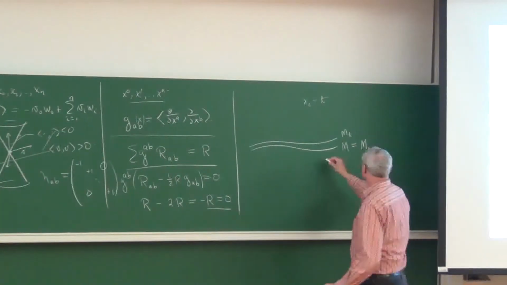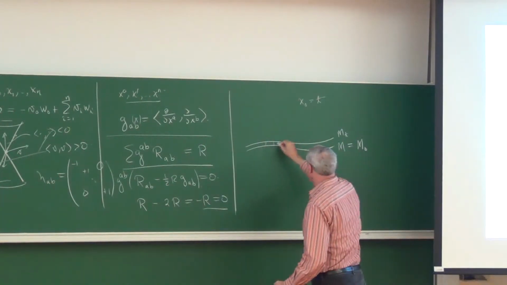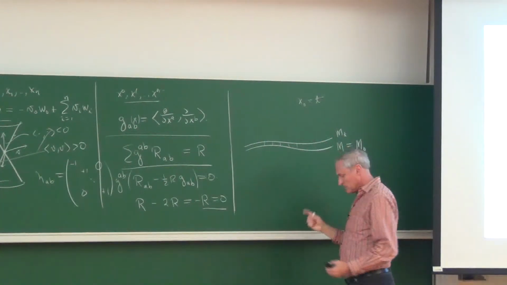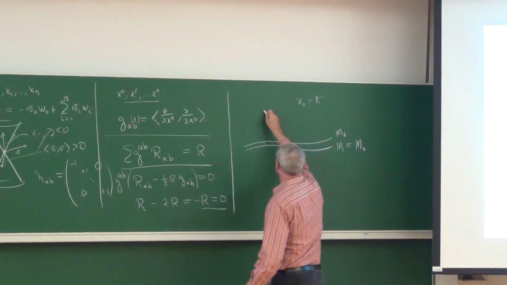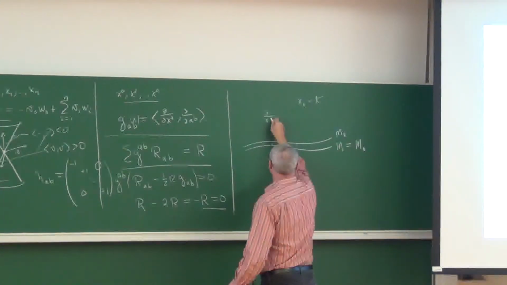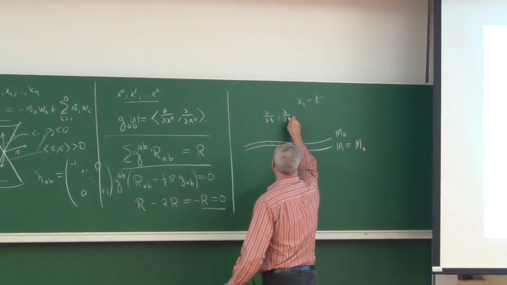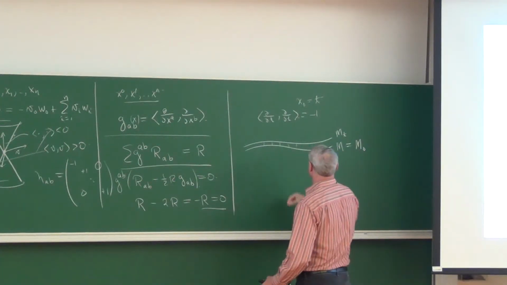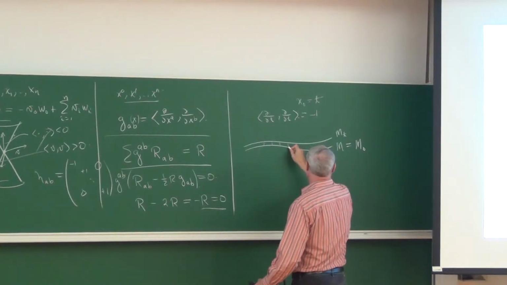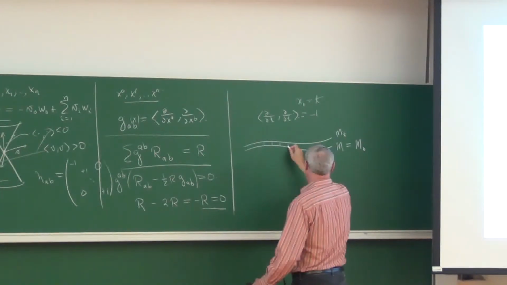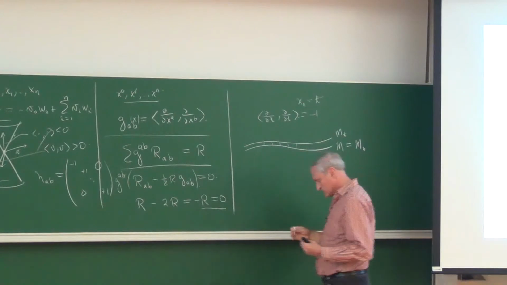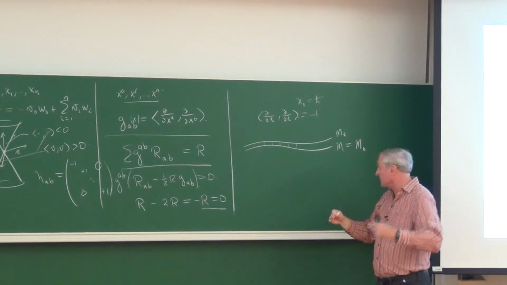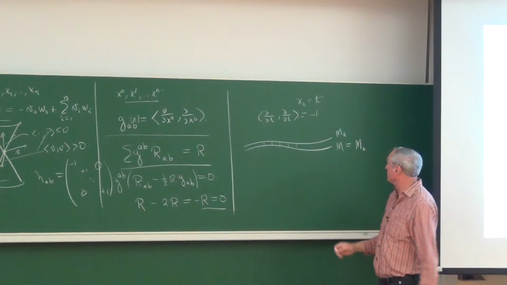So if the M_t are equally spaced, then what that means is that the vector d/dt has length -1, and it's orthogonal to the tangent vectors, because the M_t are the level sets of t.